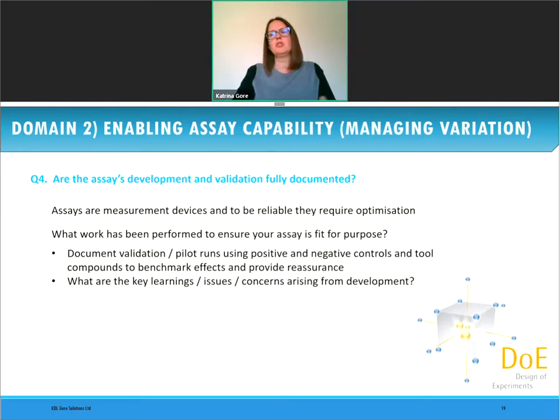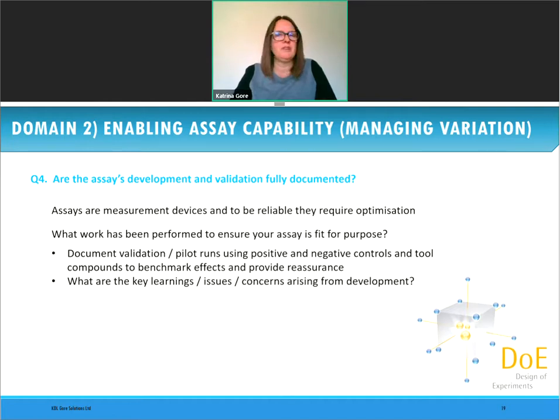We then move on to looking at the new domain where we're thinking more about data generation, and here we're talking about managing variability. First question: are the assay's development and validation fully documented? Assays are measurement devices, and to be reliable, they require optimization. What work did you perform to ensure your assay is fit for purpose? Document it. Did you run validation runs, pilot runs?